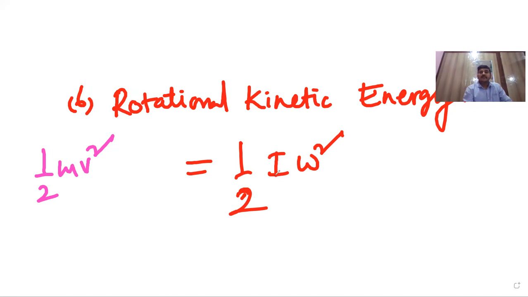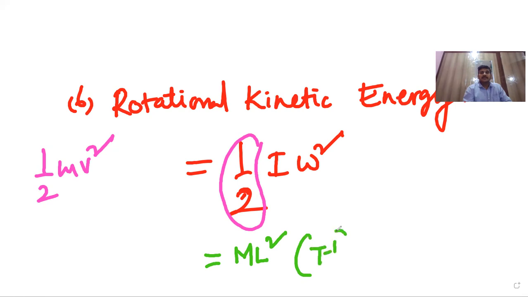I stands for moment of inertia, omega stands for angular velocity. Clear? So here, this half is a non-dimensional parameter, so it is not having any kind of dimensions. So the dimension for moment of inertia is ML square, and angular velocity is T minus 1 whole square. So it becomes ML square T minus 2. This is the final dimension formula.